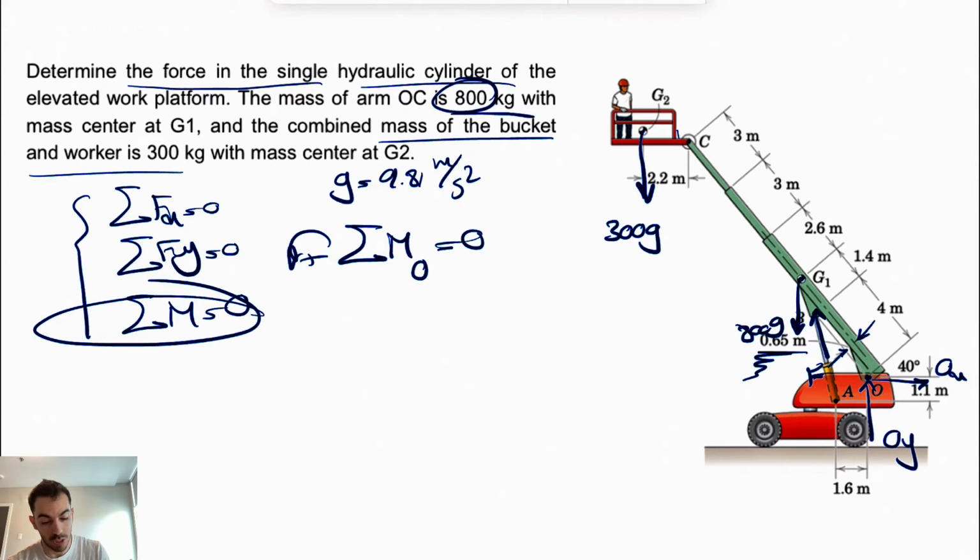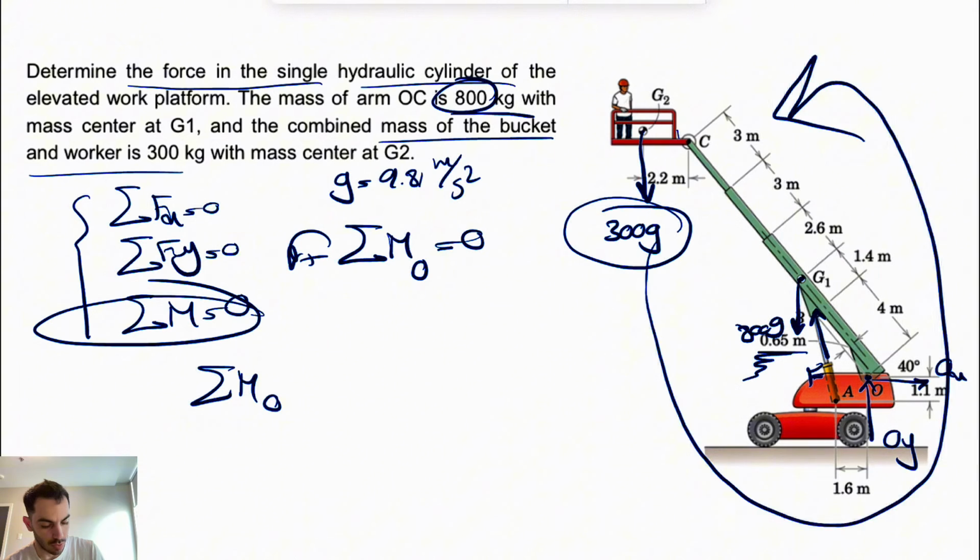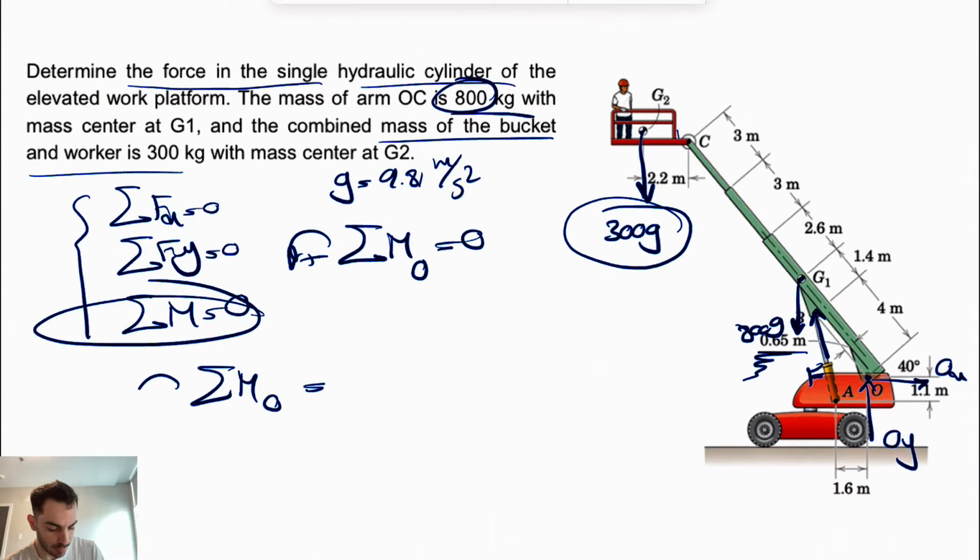So that's going to make some changes in our moments that we need to watch for. So let's start with the moment of the 300 G first. First of all, the moment that force is going to make is going to be in this direction, counterclockwise. It will be a positive moment.